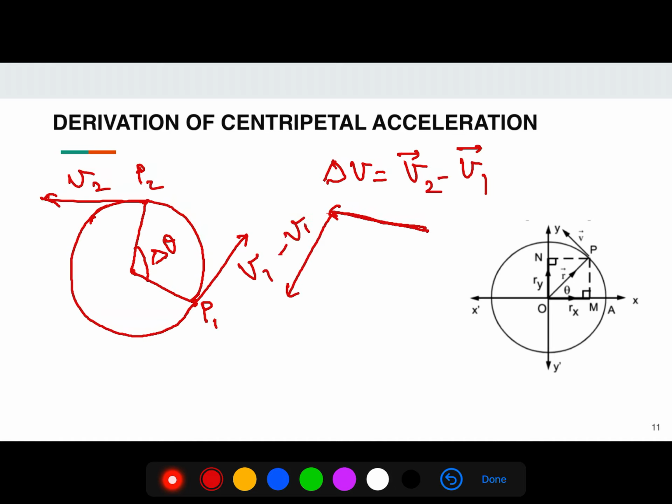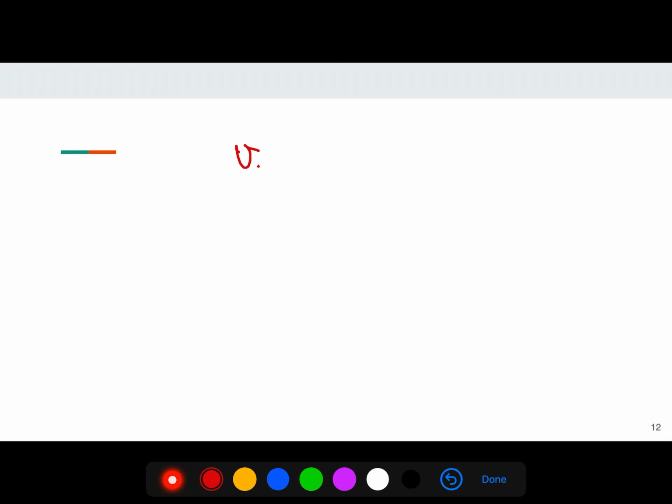It is minus V1, and it is V2, and V2 plus minus V1 is delta V. Because V2 and V1 are perpendicular to the radius, the angle between V2 and V1 is also delta theta. And the magnitude of V2 is equal to V1, that is equal to V.